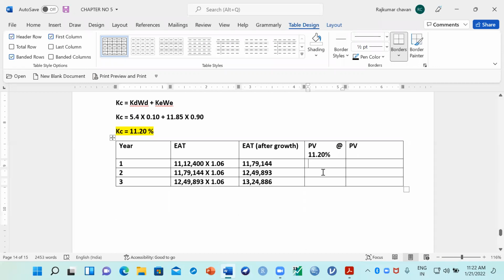Okay, I just want the present value factor, the discounting value. 0.8992, sir. 0.899. Okay, we'll take 3 decimals after the point. Okay, the second year value is how much? 0.8086. 0.808.